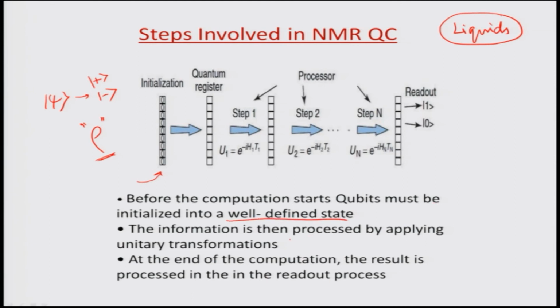The information is then processed by applying unitary transformations, and so the well defined state has the quantum register information which then undergoes the processing steps, which are the unitary transforms, and at the end of the computation the result is processed in the readout process, and the readout in our particular case is the final Fourier transform giving rise to the measurement of the signal.